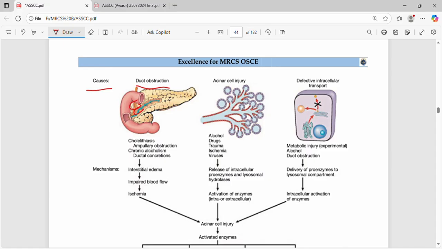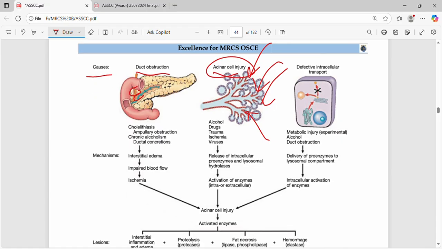And acinar cell damage: directly by trauma, by virus, by drugs, and by alcohol. These are the contributing factors.